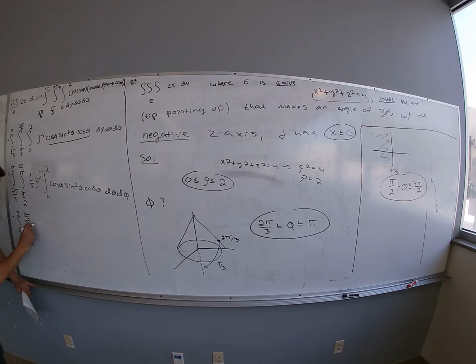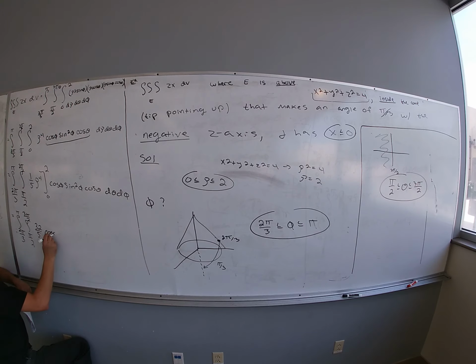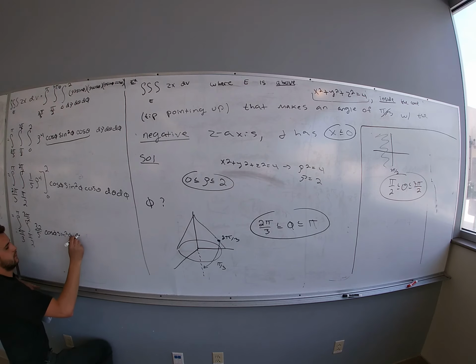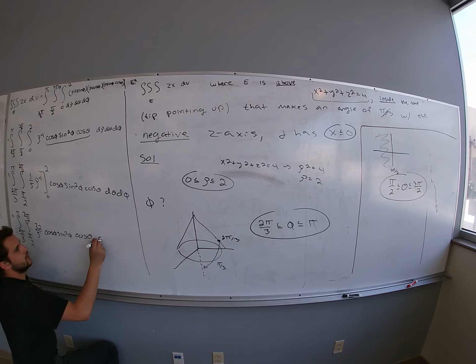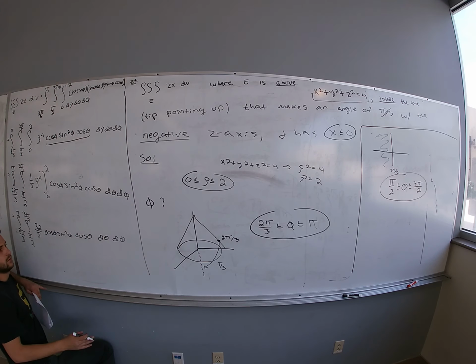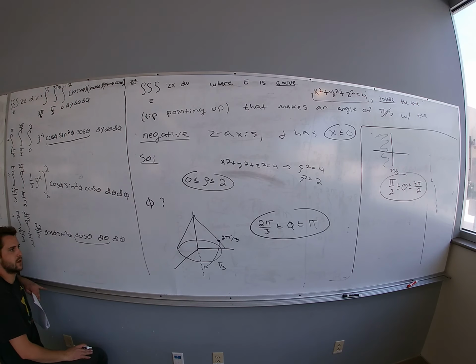Yes, it is. 32 over 5. 0 makes no contribution. Cosine of phi, sine squared of phi, cosine of theta, d theta, d phi. Once again, it looks like things are turning out okay because these are all phi's. This is theta. This is the only thing that has to do with theta. So my integration is easy once again.